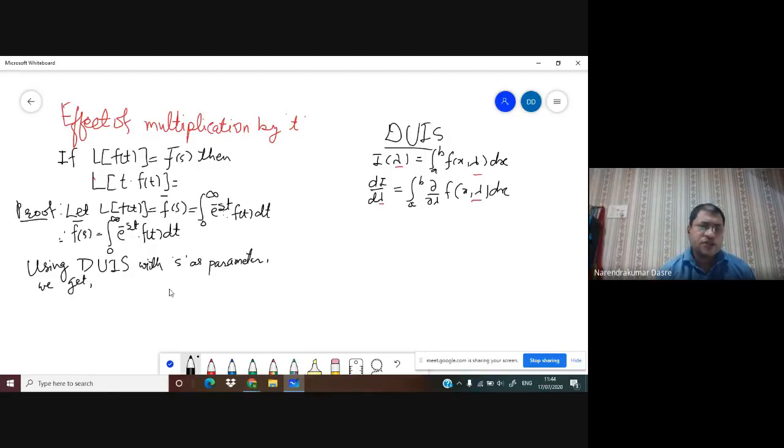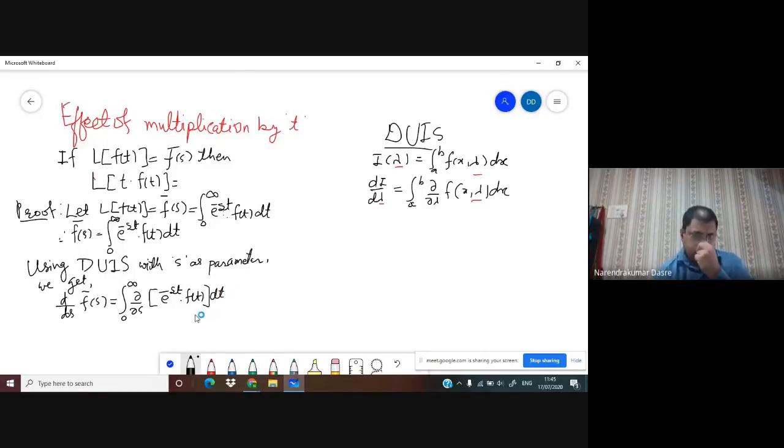So whenever you are using DIS, always declare what is the parameter that you are going to use. So here I have declared that I am going to use s as a parameter. So if I am having s as a parameter, then I can have this is d by ds of f bar of s is equal to integral 0 to infinity del by del s, and here I have e raised to minus st f of t dt.